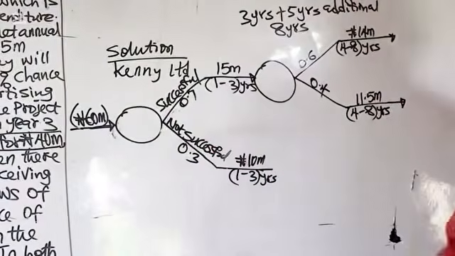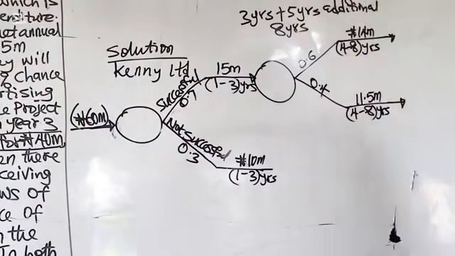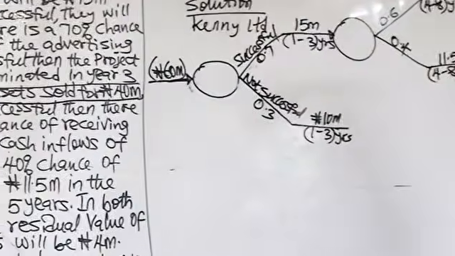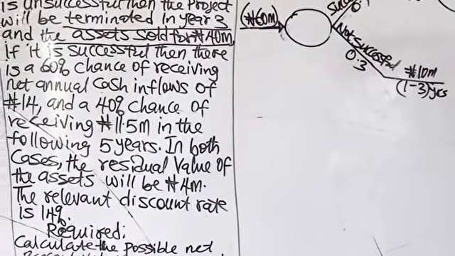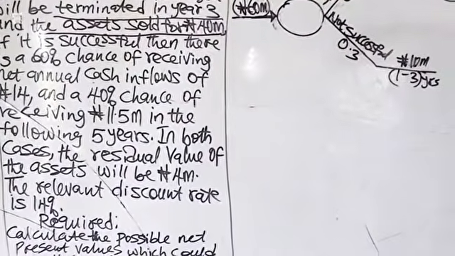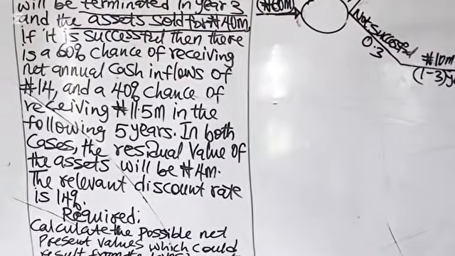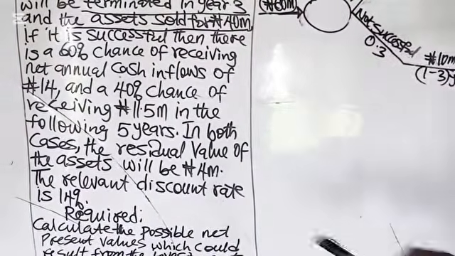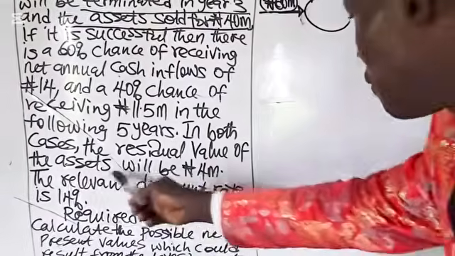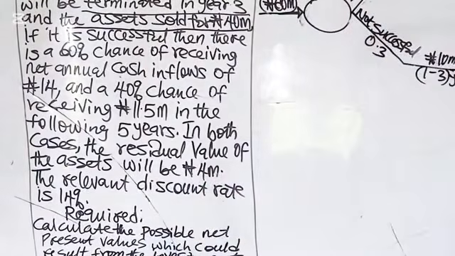And remember, in both cases, you were told the residual value of the asset will be 4 million naira.